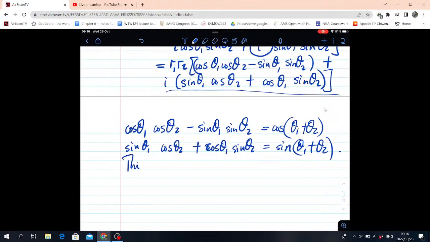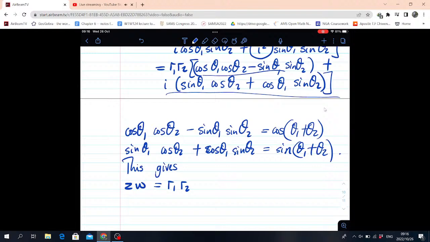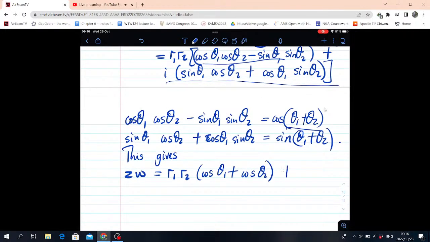So this gives us that ZW is going to be equal to R1 R2, and then if we replace that with that, we get that it is going to be cos of theta 1 plus theta 2, and then plus i sine of theta 1 plus theta 2, and that is what we wanted, right?